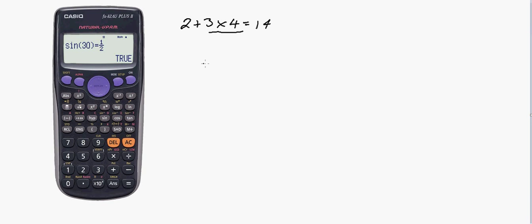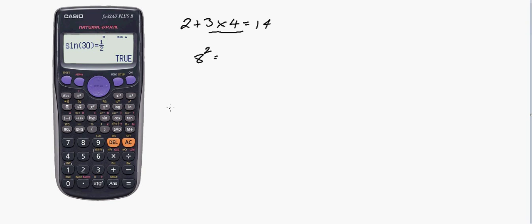Now, first off, just using various keys. For example, if you want to square something, let's say we've got 8 squared.